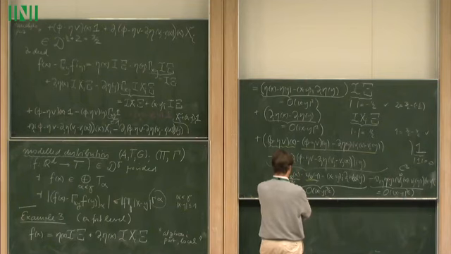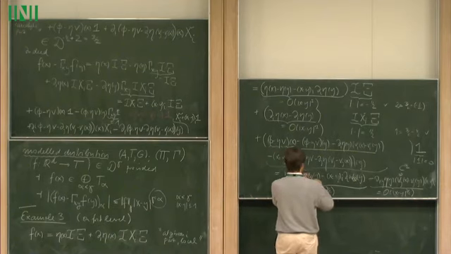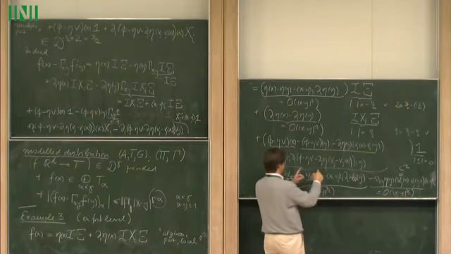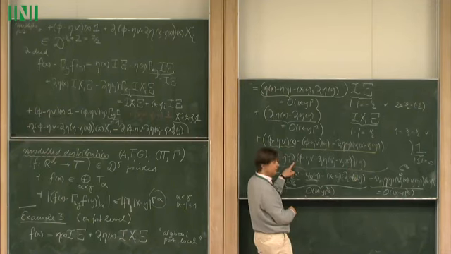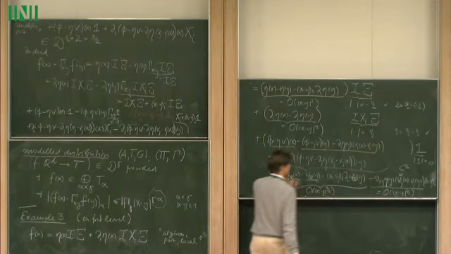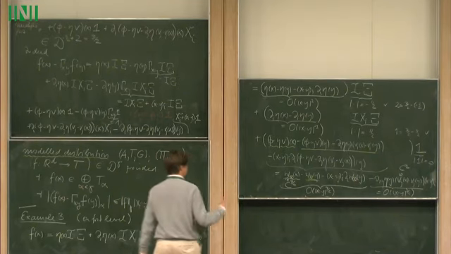Let me not, I'm going to get messed up, but it has to do with the fact that here we have a y and we want an x. And we have to correct this, and that gives this term. Okay, thanks.